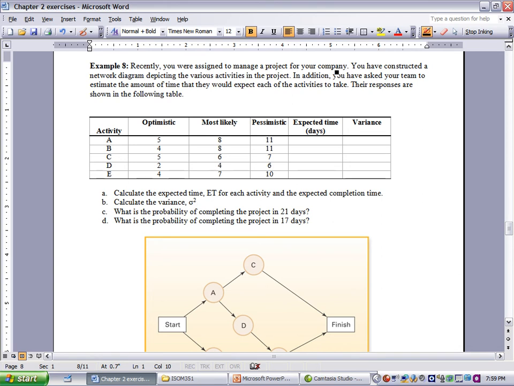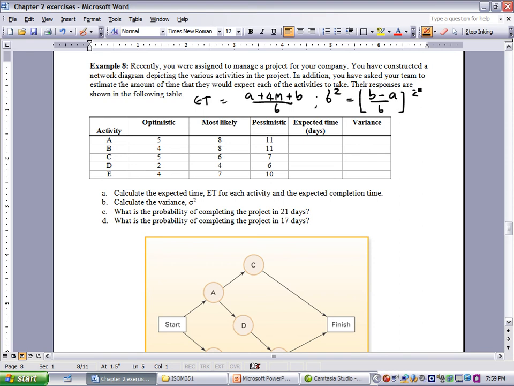Just a reminder, expected time ET equals A plus 4M plus B divided by 6. Risk or variance equals B minus A divided by 6, all together squared like that.